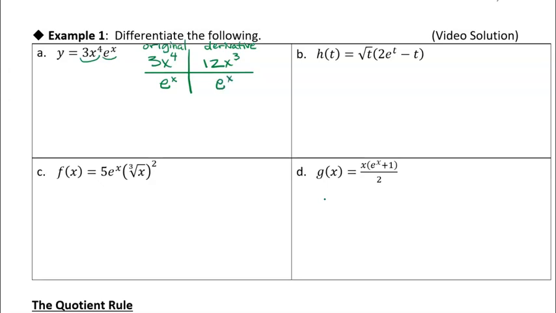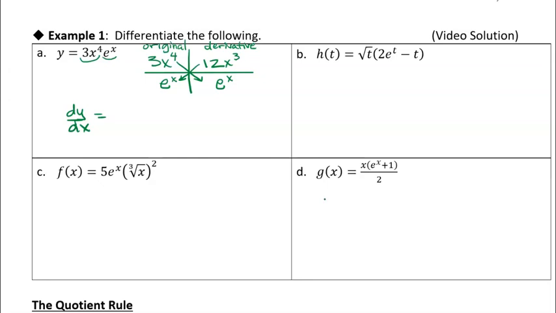Now we're going to put some arrows here. Then I'm going to write the derivative as dy/dx, labeling it because it's a new function now. All I need to do is follow the arrows.